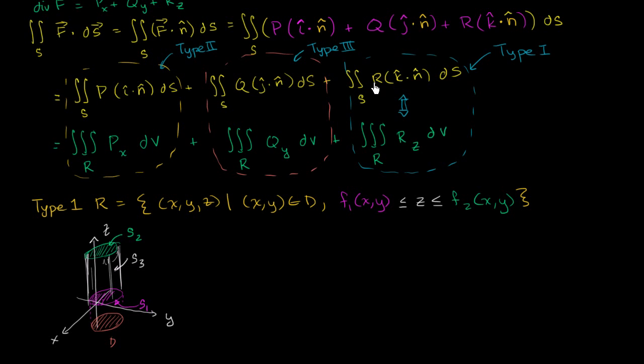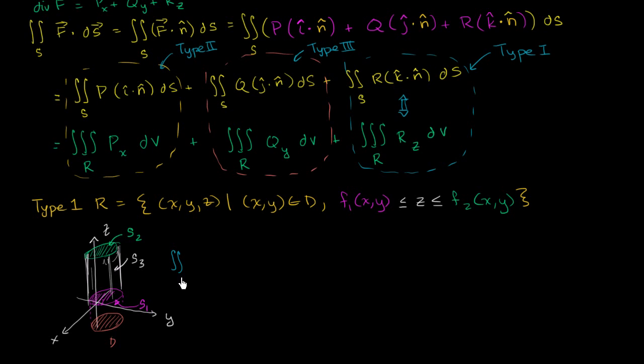So if we're evaluating the surface integral, we'll think about this double integral or this triple integral in a second. But let's think about how we can rewrite this surface integral right over here. The entire surface is S1 plus S2 plus S3, so we can break this up into 3 separate surface integrals. So remember, we're just focusing on this part right over here.